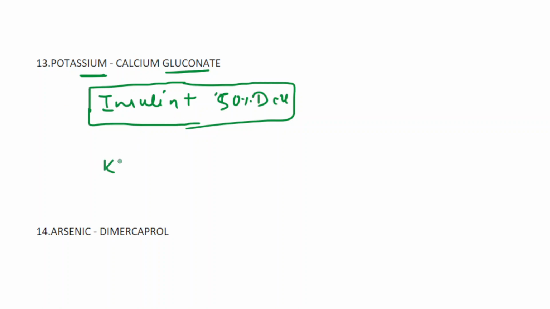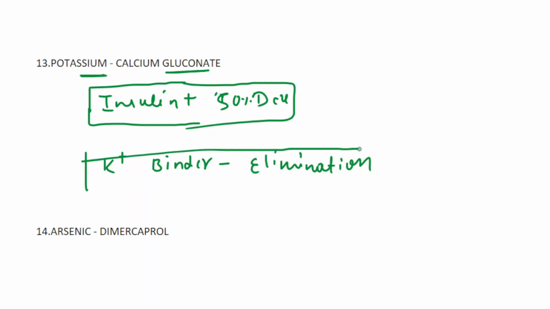And K plus binder is used to eliminate potassium from the body. It is used for elimination. The antidote is calcium gluconate; for redistribution into the cell, insulin and 50% dextrose; and for elimination, K plus binder.